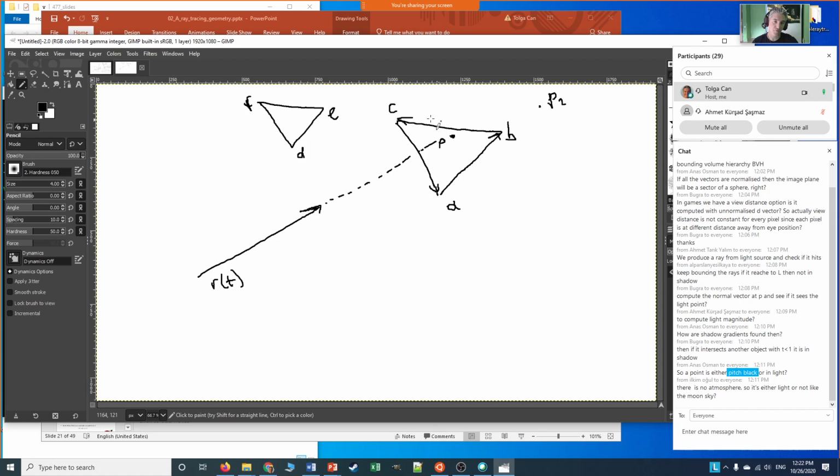If it's to the left of all three edge vectors, then P is inside. Otherwise, for example for this one, it's to the right, so it's outside. So how do you determine whether a point is to the left or right?